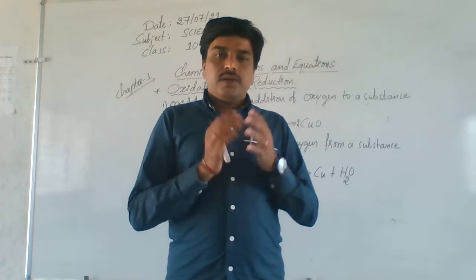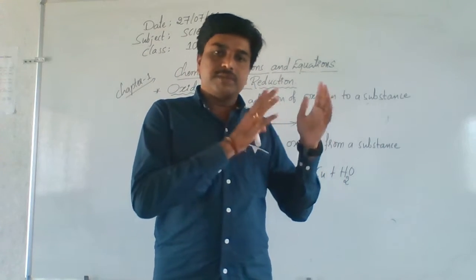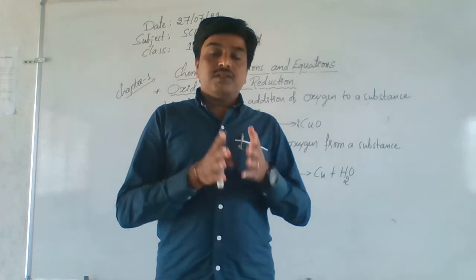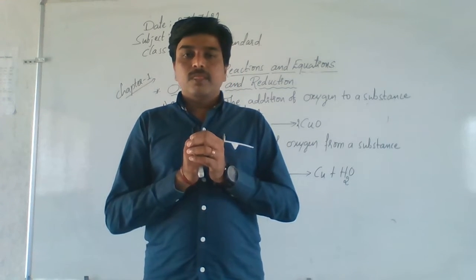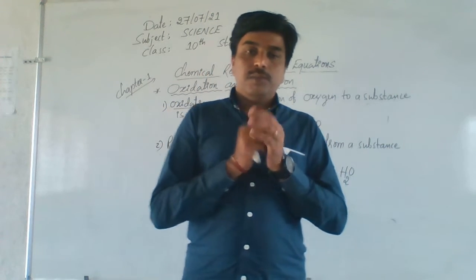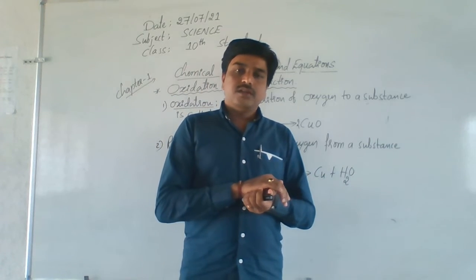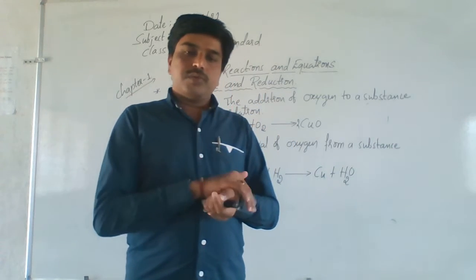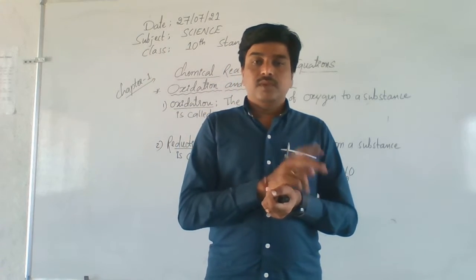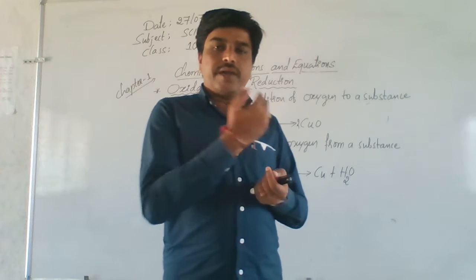In case of double displacement, what exactly happens in a double displacement reaction? For a double displacement reaction to happen, both compounds should be in an aqueous solution state. Understand? So when two compounds in aqueous solution state react together, there will be mutual exchange of ions.